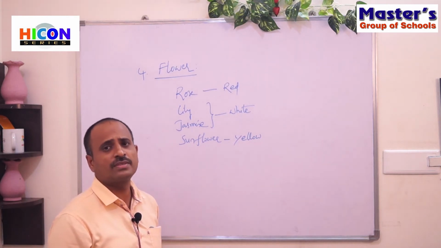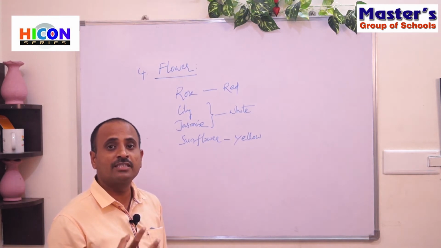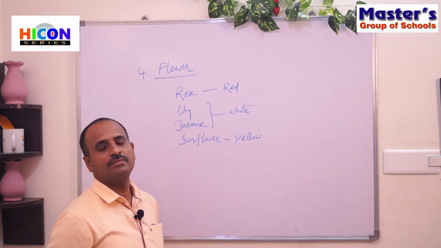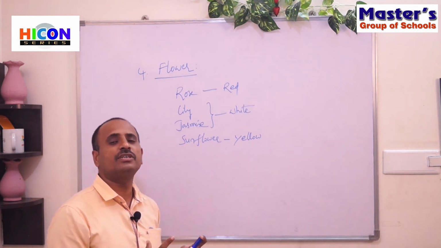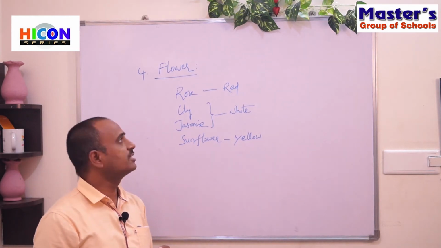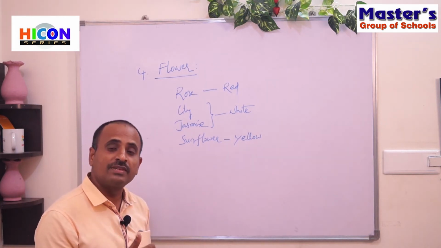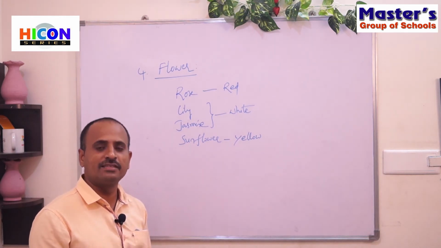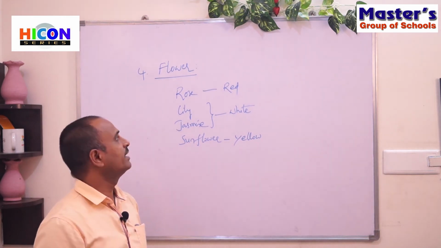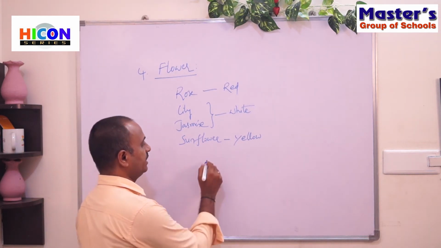Why do they have to attract the insects? Because the reproduction will take place in these flowers. Flowers are the main site where reproduction takes place. So for the production of seeds and fruits, these flowers have to attract the insects. The reproduction takes place by the process called pollination.